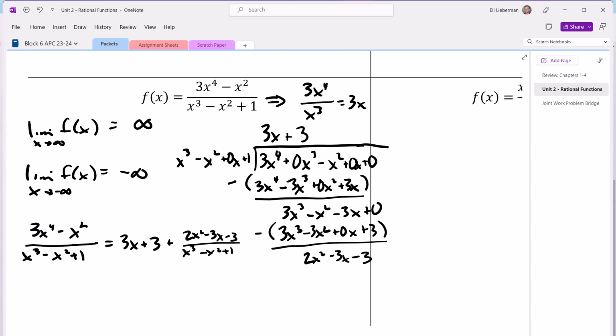It's never going to be exactly that line. It's going to be adding something, and that something is getting closer and closer to 0. So this right here is our oblique asymptote. I'll abbreviate oblique asymptote as OA: y equals 3x plus 3.